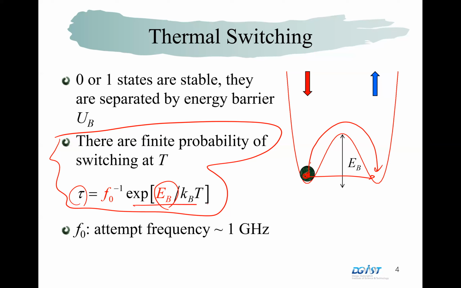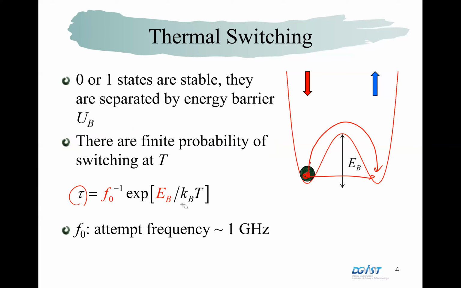Here, this is the exponential term, the barrier divided by the thermal energy. When the barrier is much larger than thermal energy, this number is usually very, very high. Let's say exponential of, maybe, 100, a really huge number.